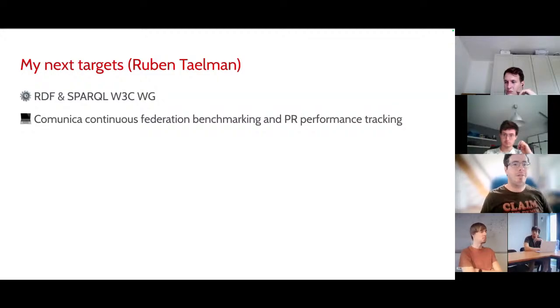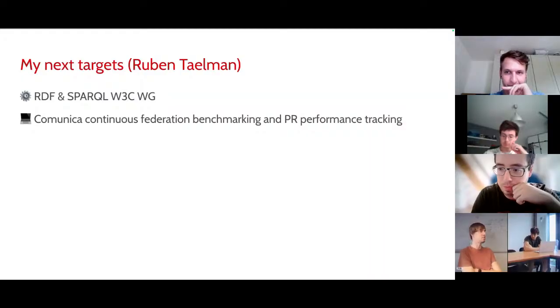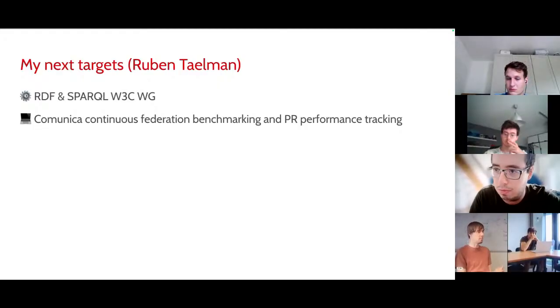So the problem that these fragment selector shapes try to solve is that in practice, we have different kinds of query interfaces. And within Comunica, for example, we try to make it possible to query over all of these different types of query interfaces without the user having to know what type of interface this is.